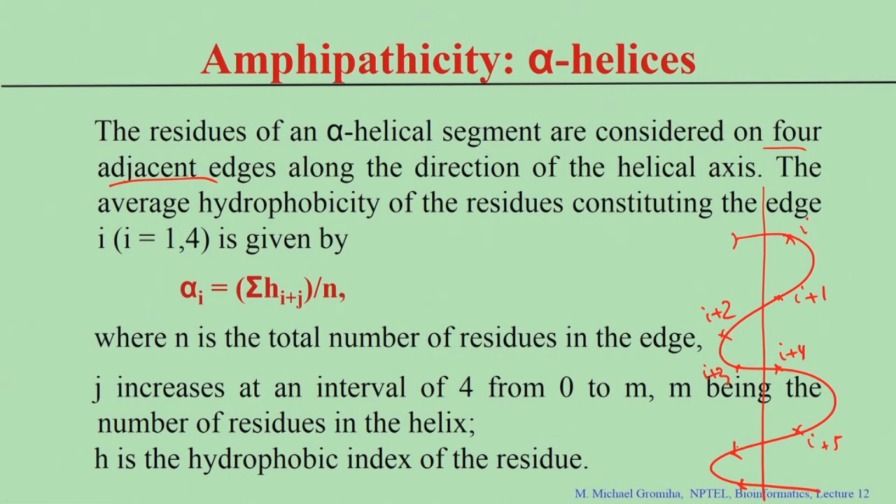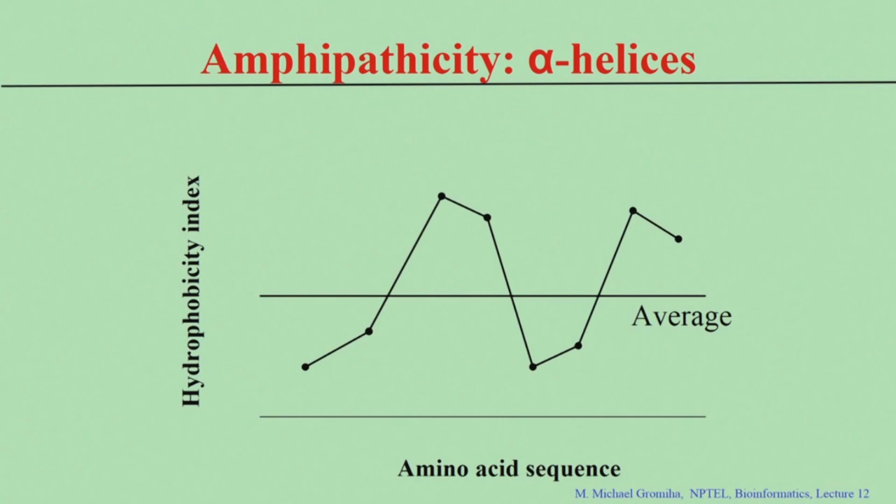Then you can calculate the average hydrophobicity of each edge. For example, you can see I plus j with an interval of 4 and see how many residues are in that particular place. For example, if you see this periodicity, this is I plus 1, I plus 2, I plus 3, I plus 4 and I plus 5.